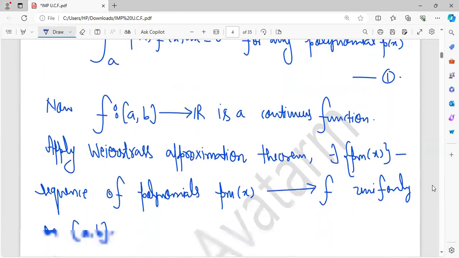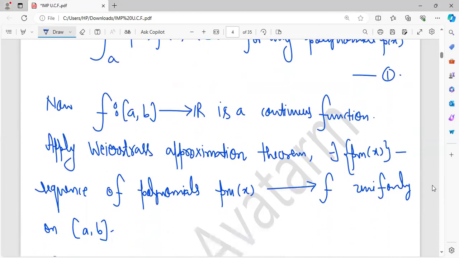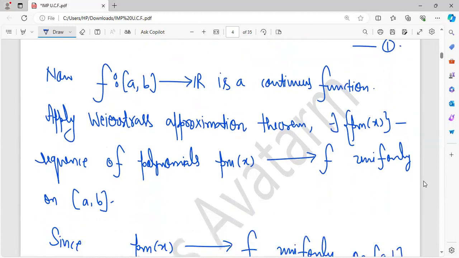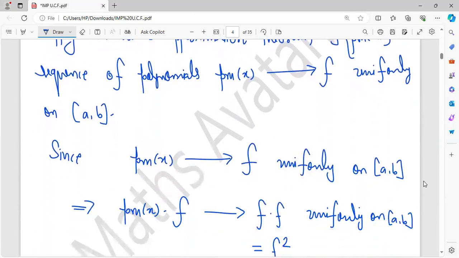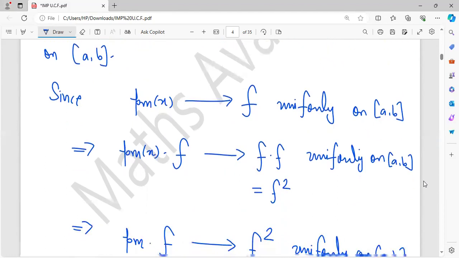Now it is given that the function is continuous. We know that every continuous function on a closed interval can be approximated uniformly by a sequence of polynomial functions. So there exists a sequence of polynomials Pm(x) that converges to f uniformly. So if Pm converges to f uniformly, Pm times f will converge to f square uniformly on [a,b].